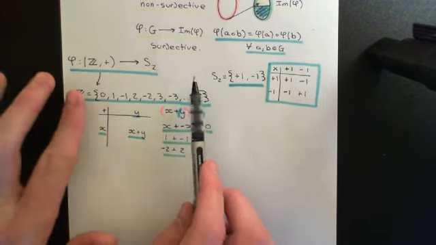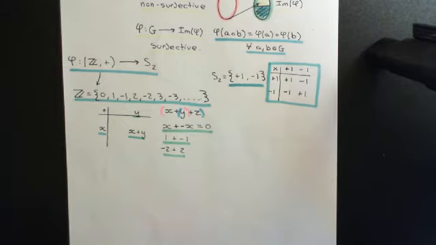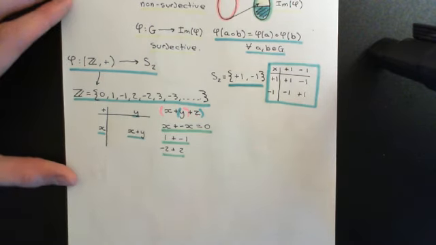So I'm taking an infinite set and mapping it onto a finite set. There is no way on earth that that can be an injective map. So this is not going to be bijective, it's not going to be an isomorphism, but it is going to be a homomorphism.